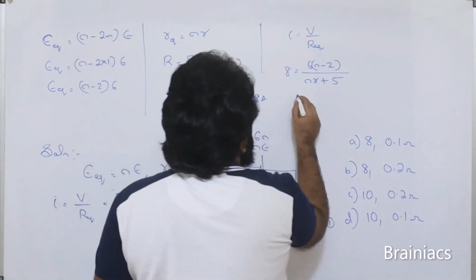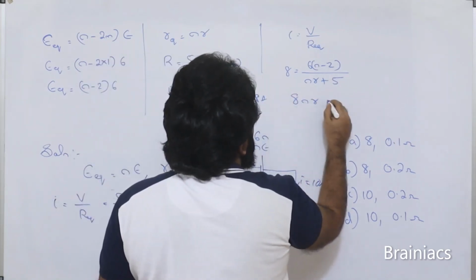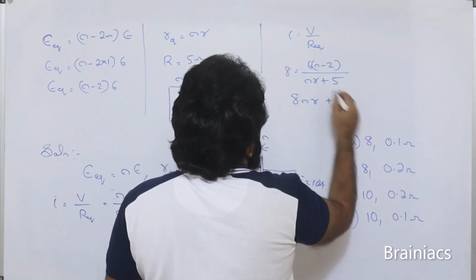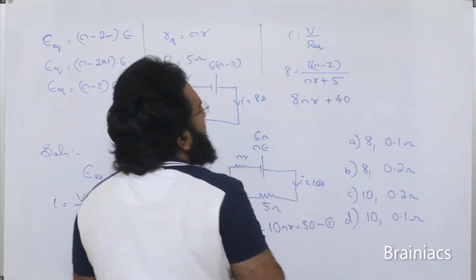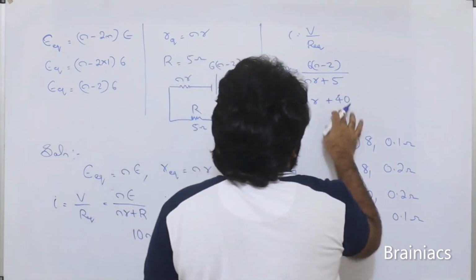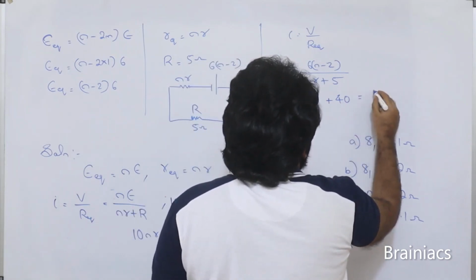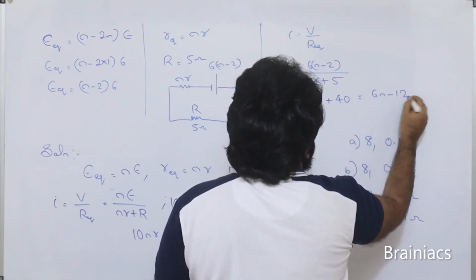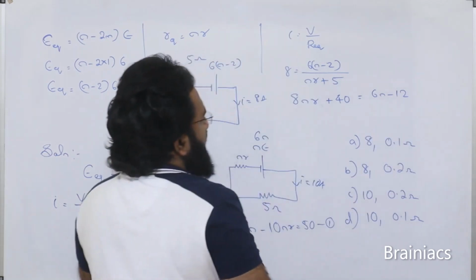So we will be getting 8nr plus 40 is equal to 6n minus 12. Correct?